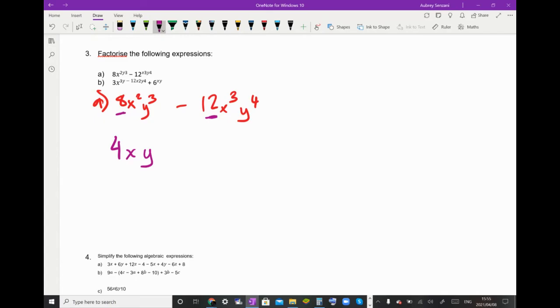Sir, yes, we can put both x and y to the power of 2. Okay, why are we putting both to the power 2? Because I don't know, but I just know that. Okay, so you're on the money there.